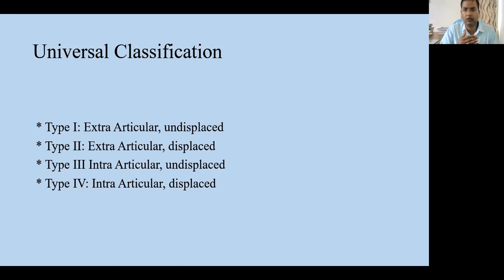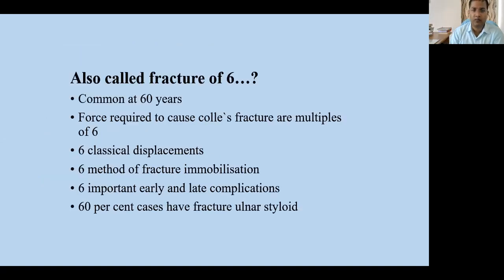Type 2 is extra-articular and displaced. Type 3 is intra-articular and undisplaced. Type 4 is intra-articular and displaced. So these are the 4 types of Colles' fracture according to this universal classification. Nowadays this classification is used very much.